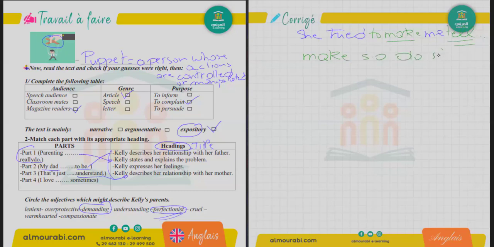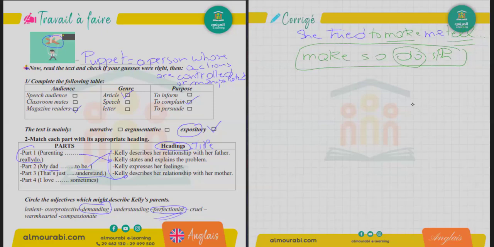The structure of the verb make always comes followed by the base verb, the infinitive without to. So she tried to make me tell her what was wrong.